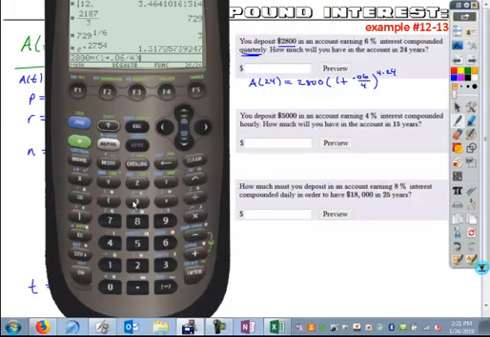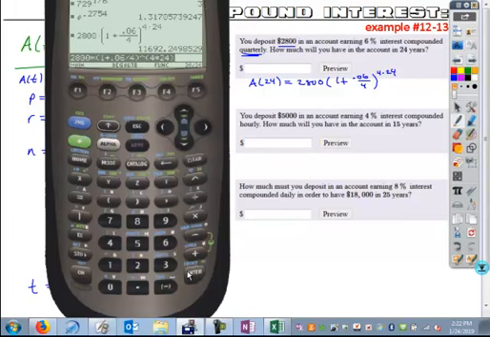Make sure that the division by 4 is only by the rate. It's not 1.06 all divided by 4. It's 1 plus 0.06 over 4. And then that's all to the power of. Make sure it's inside its own grouping symbol. If you have a calculation, 4 times 24, make sure that whole thing is calculated there. And when you hit enter, you get your solution, which is 11,692.